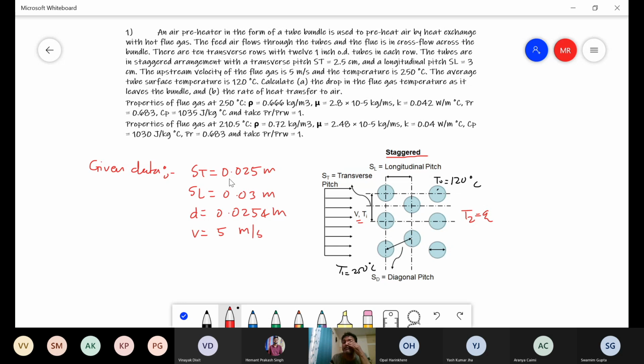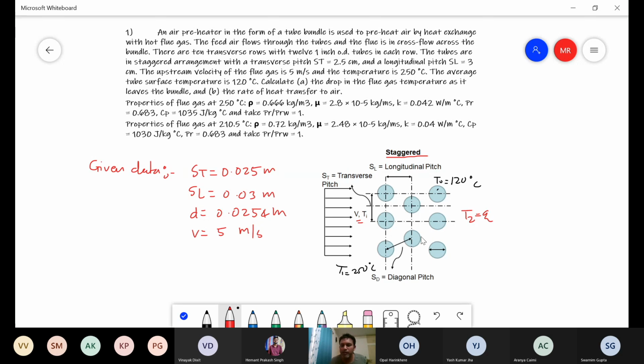Okay. So again, I give a quick description here. We have a problem in which there is an air preheater in the form of a bundle of tubes across which the flue gas is flowing. The temperature on the left hand side, where the flue gas starts moving across the bundle of tubes, is T1 equals 250 degrees Celsius. The outlet temperature we don't know.